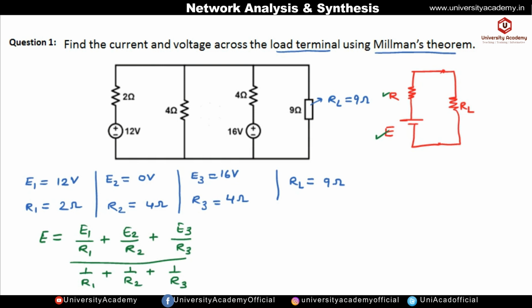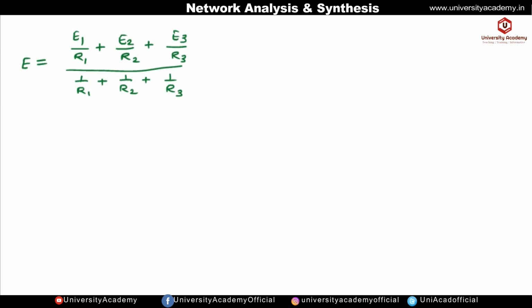Okay, so all the values are given. We have to substitute the values. So the E1 value given in the question is 12 volt by R1 resistance, which is 2, and in the second branch there is no voltage source, so 0 by 4, and the E3 value is 16 by 4, divided by 1 by 2 plus 1 by 4 plus 1 by 4.